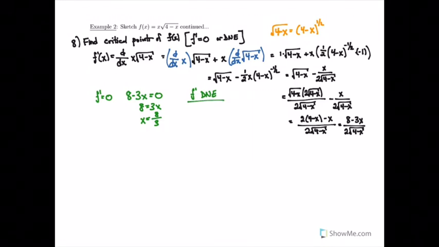That's going to be when 2 square root of 4 minus x equals 0. That's going to be when 4 minus x equals 0, or when x equals 4. And there are my critical points. Note that the derivative also doesn't exist. I should make a note here.